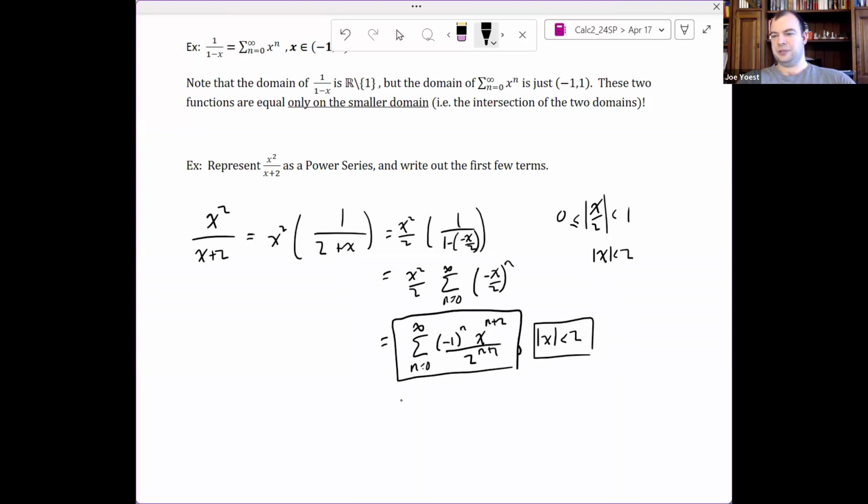So that's the power series representation of my function, but only on this interval.